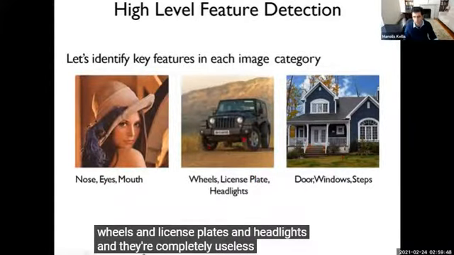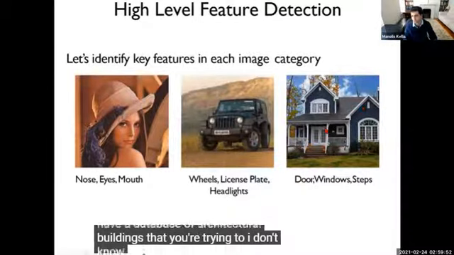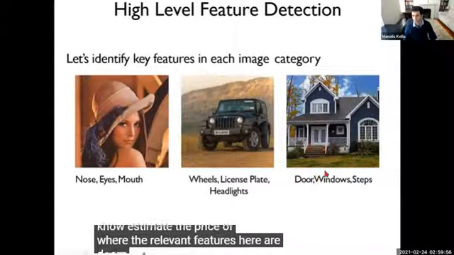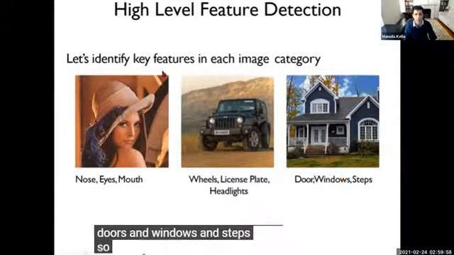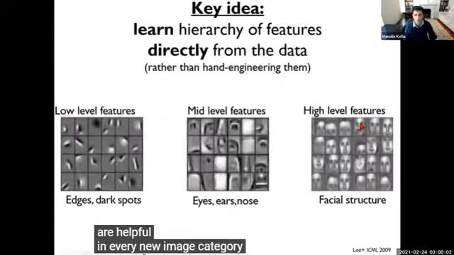And they're completely useless if you have a database of architectural buildings that you're trying to estimate the price of, where the relevant features here are doors and windows and steps. So there are very different features that are helpful in every new image category.